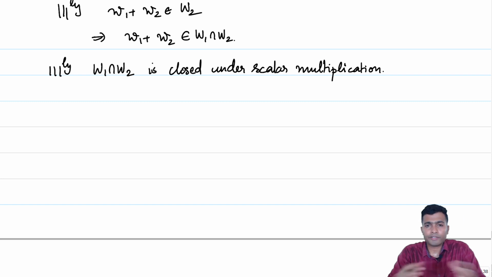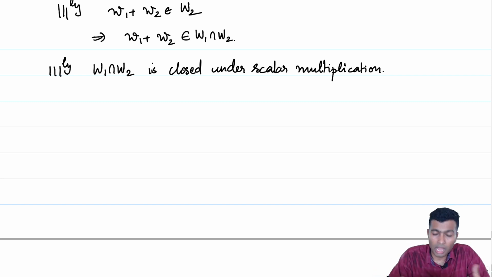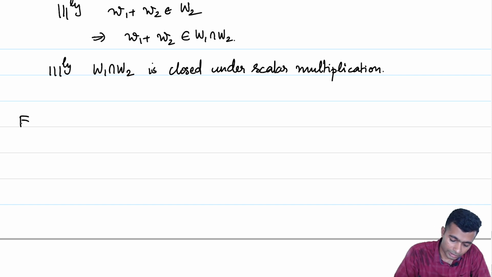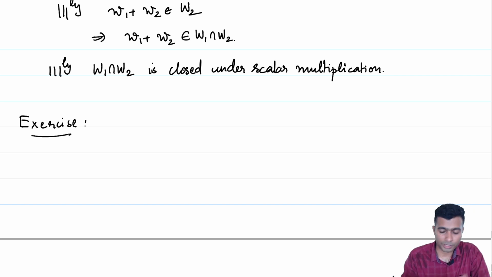So, now we have plenty of examples of vector spaces, and after developing the notion of a vector subspace, I will just conclude with an exercise for you which will give you plenty more examples of subspaces.